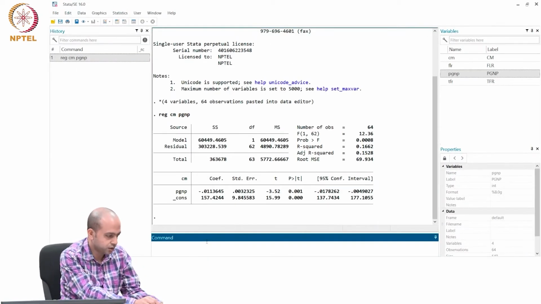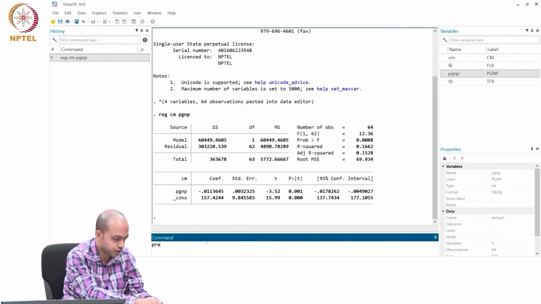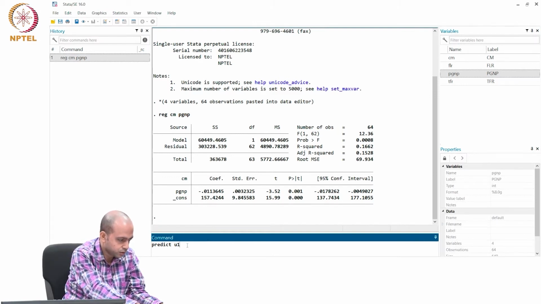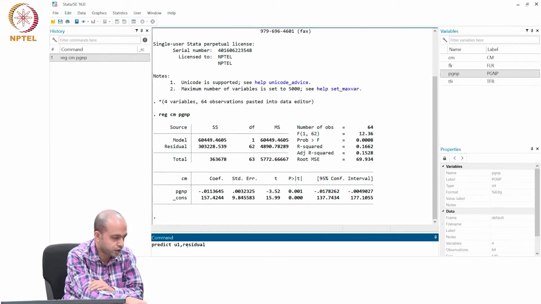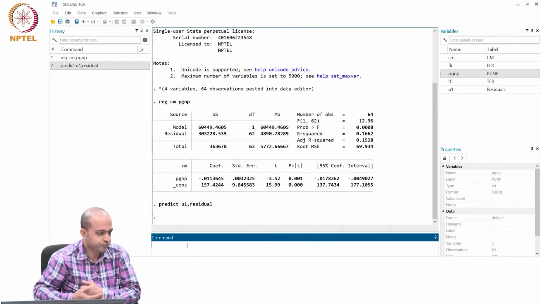We will say predict U1, comma, residual.